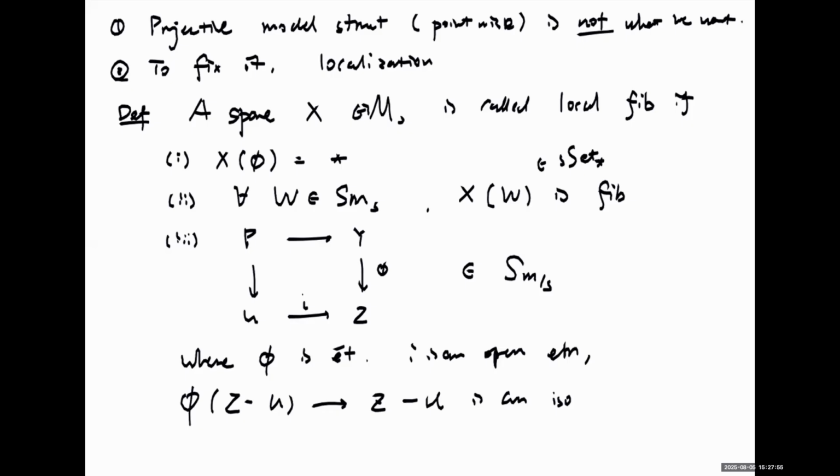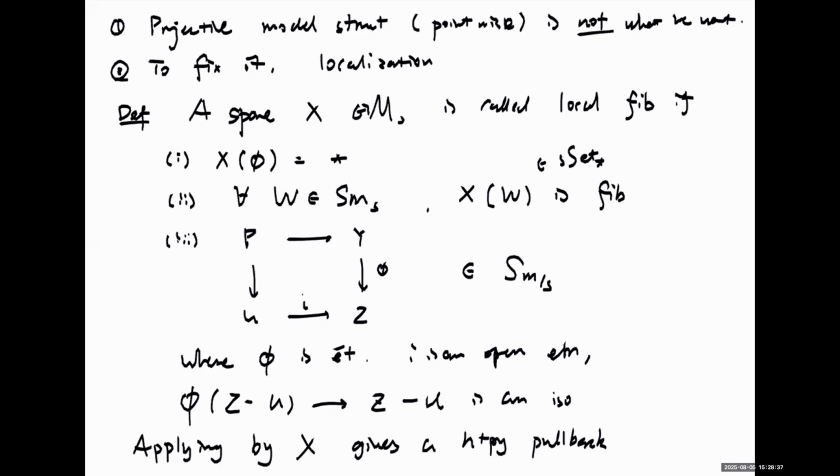This is an isomorphism. Then, whenever this is a pullback diagram inside Sm, applying X gives a homotopy pullback. So this X, the spaces that I care about, sort of preserve the homotopy equivalences.